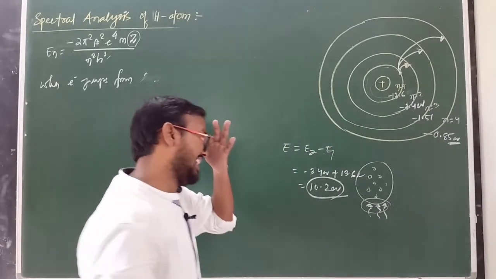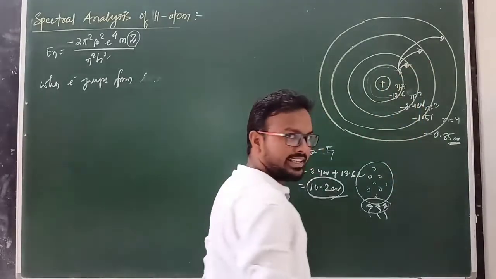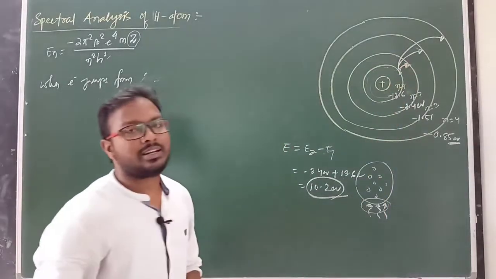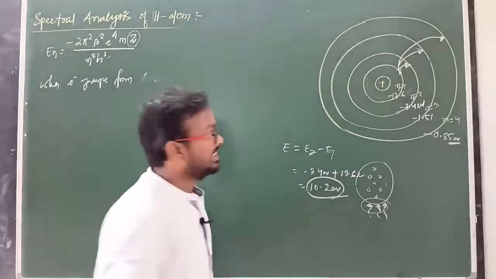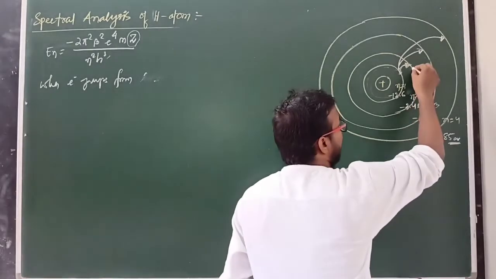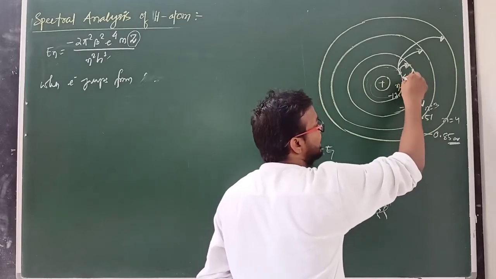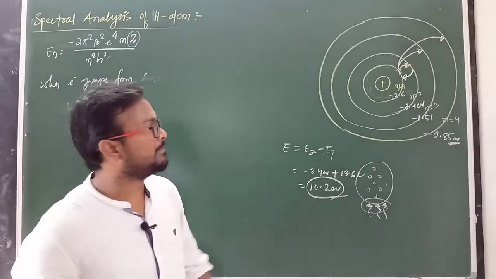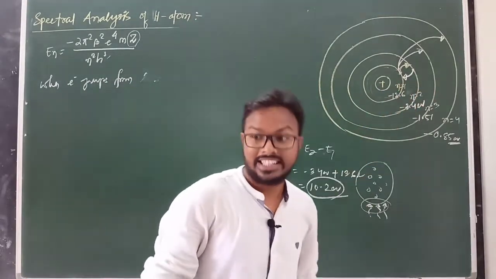But when the electron jumps from the ground state to an excited state, in the excited state the electron feels unstable. Due to this instability, the electron tries to jump from the higher energy orbit to a lower energy orbit. How can the electron do this? There is one condition.